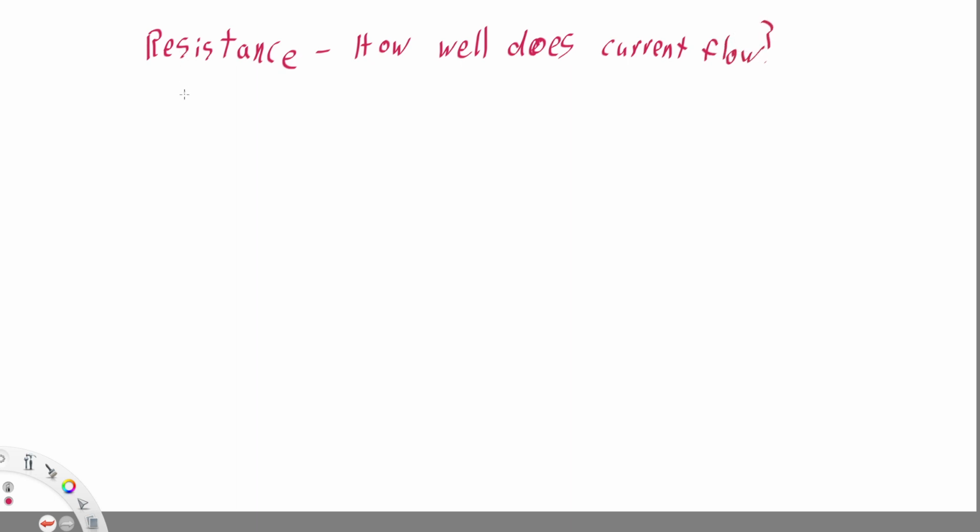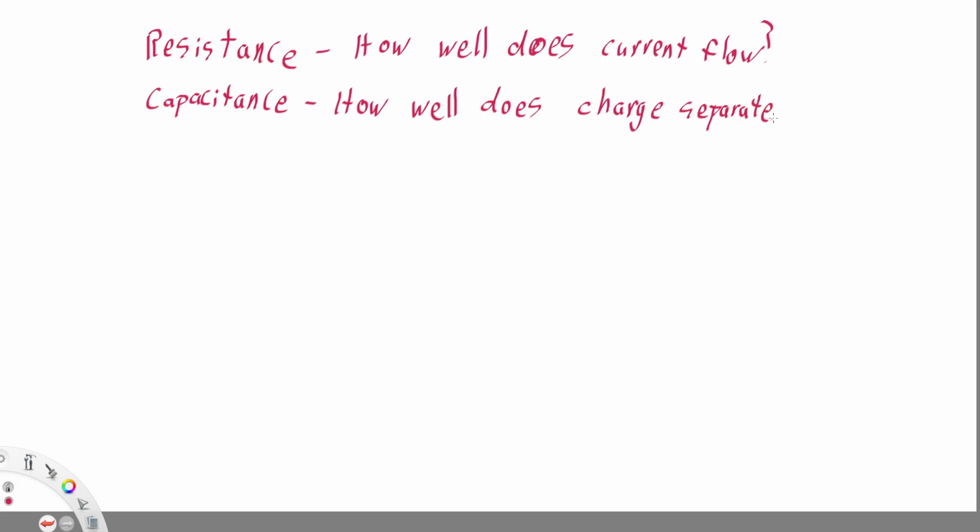The idea is that just like we have resistance, which is how well current flows, we know about capacitance, how well charge gets separated, and we now know about inductance.